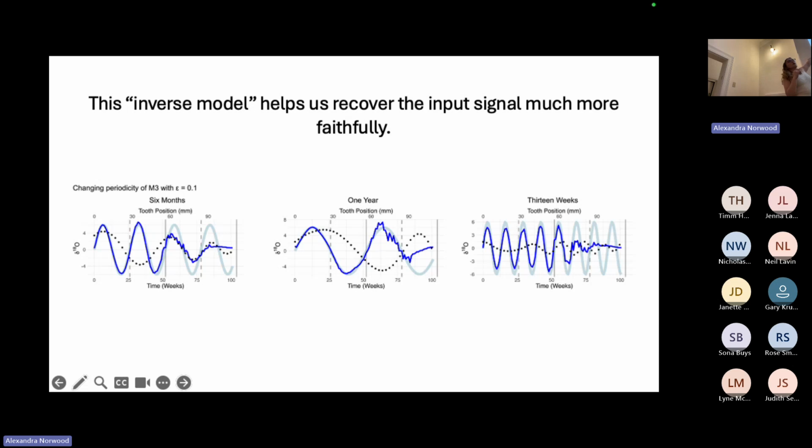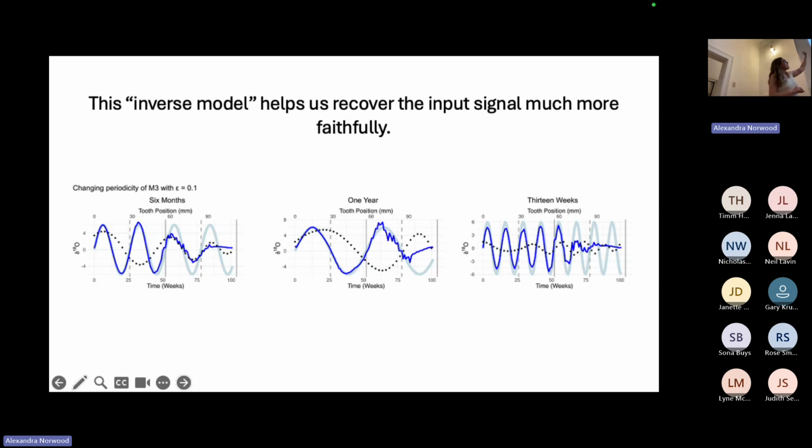And that's time in weeks on this bottom x-axis here. And if I do say so myself, this is a pretty good model. We can recover a lot of that original input signal through these equations by going through these steps of figuring out how the tooth grows and then backtracking.